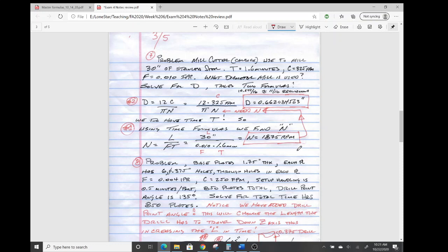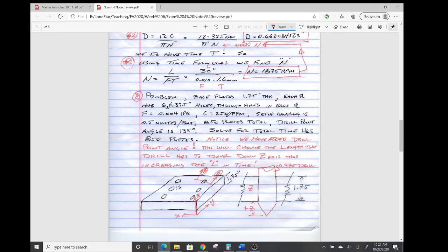All right, here's another problem. Base plates. So we're going to take a base plate and we're going to punch or drill 6 holes in it. All right. Each plate has 6 375 thousandths holes. That's how many eighths? That's 3 eighths.